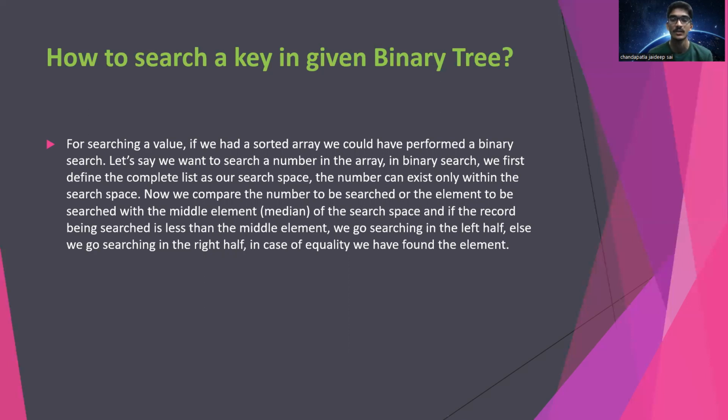The number can exist only within the search space. Now we compare the element to be searched with the middle element, that is the median of the search space. If the element being searched is less than the middle element, we go searching in the left half, else we go searching in the right half. In case of equality, we have found the element.